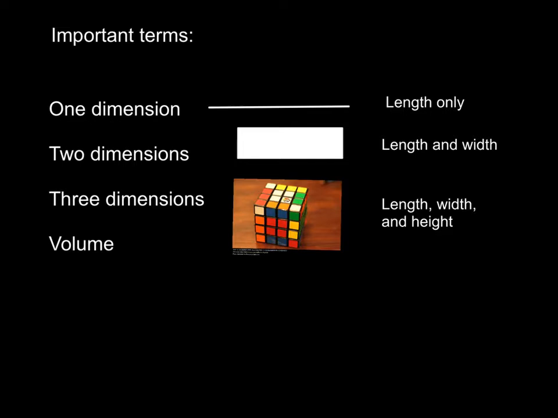So when we then look at volume, it's the number of cubes it takes to fill a three-dimensional object. The formula for volume is the length times the width times the height. And you need to know that formula as we work through it.